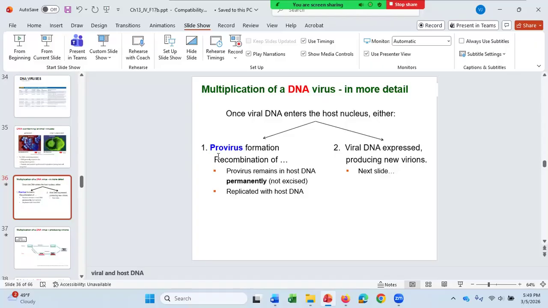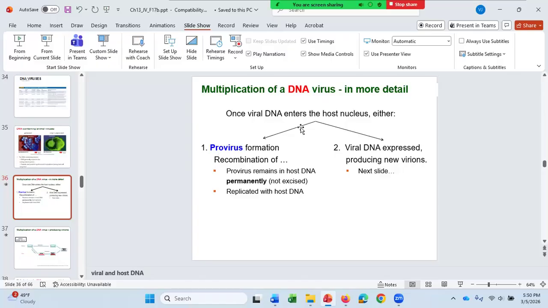If this happens, the provirus remains in the host DNA permanently. It is never excised. That host cell will permanently have the viral DNA in it for as long as that host cell is alive, and whenever that DNA replicates, it will replicate the provirus. Any question about any of that?